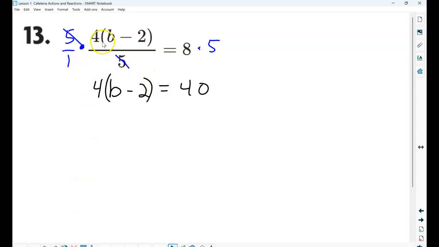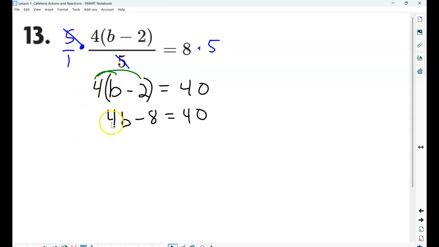And then you'll have 4b minus 2 over 1, which is 4b minus 2. And then 8 times 5 is 40. And right here, you could divide by 4 and bring down b minus 2. And I'm going to show you that too. But the more popular way is to distribute 4 times b and 4 times negative 2.